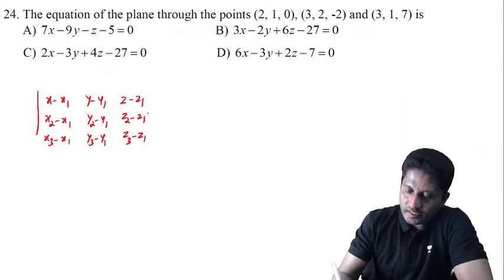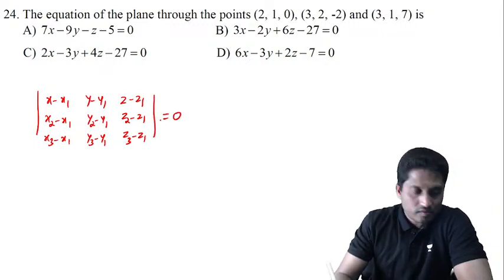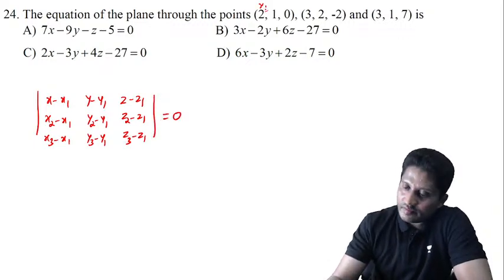This is x1, y1, z1. This is x2, y2 and z2. This is x3, y3 and z3.